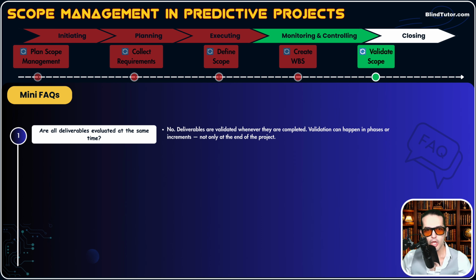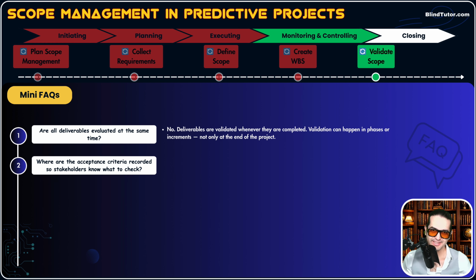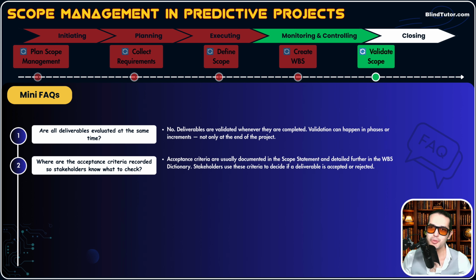Question number 2. Where are the acceptance criteria recorded so stakeholders know what to check? And I think you know that acceptance criteria are usually documented in the scope statement and detailed further in the WBS dictionary. Stakeholders use these criteria to decide if a deliverable is accepted or rejected. So basically, stakeholders check the scope baseline because the scope baseline includes the scope statement, WBS, and WBS dictionary.